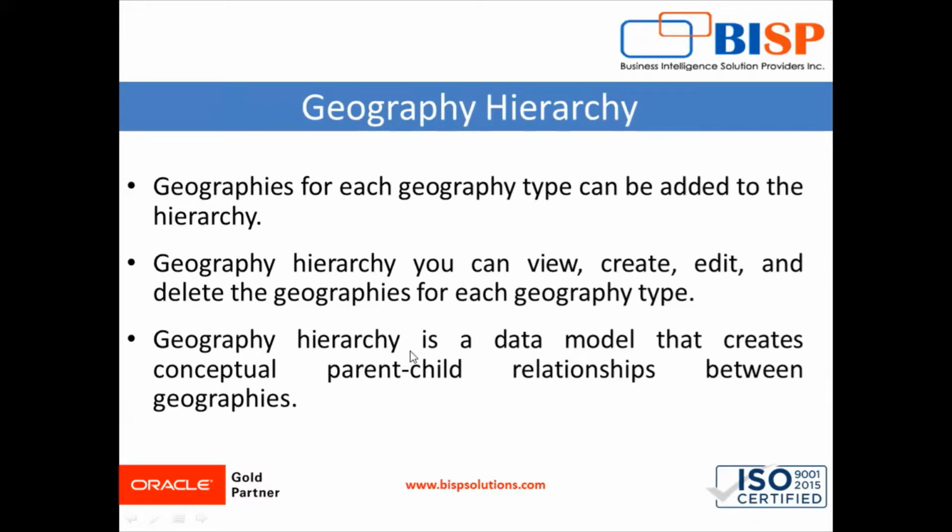Geography hierarchy is a data model that creates a conceptual parent-child relationship between geographies. The application uses geography hierarchy information to facilitate business processes that rely on geography information. The geography hierarchy information is centrally located and shared among other applications and offerings.